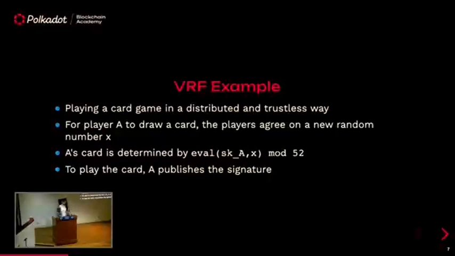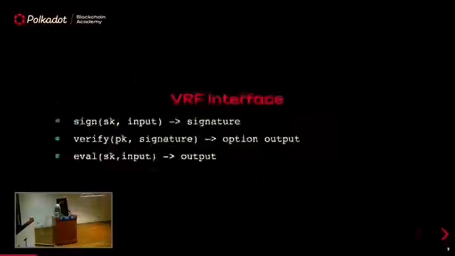Hey, just curious, what do you mean by publish the signature? What is the signature? Yeah, so going back to the interface, the signature is the proof that other people can use to get your output.